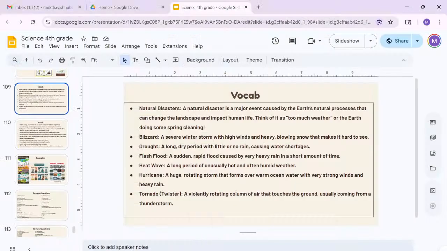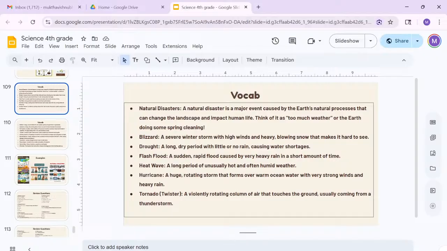Natural disasters are major events caused by the Earth's natural processes that change the landscape and impact human life, mostly negatively. Some of these include blizzards, which are severe winter storms with high winds and heavy blowing snow, so a lot of snow. Drought, when there's no rain, it's very dry, there's no water.